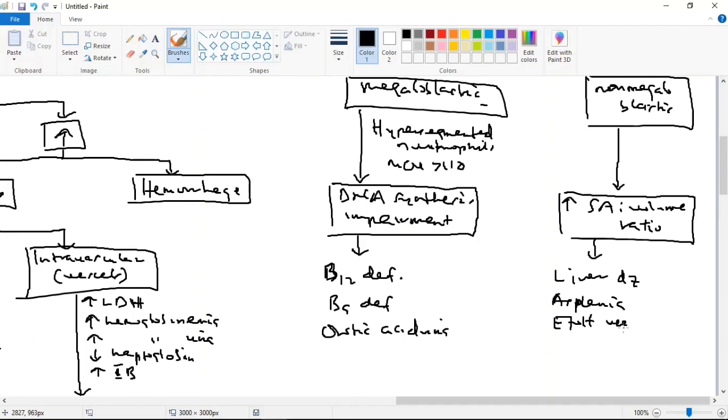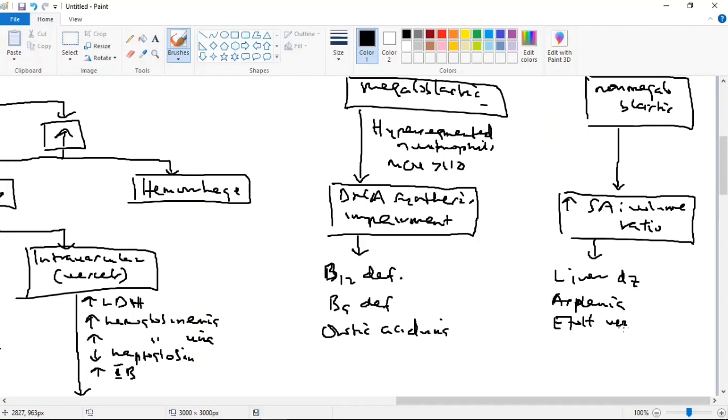Another thing that separates B12 from B9, besides the source of food and how complex the absorption is, is that B12 deficiency will cause neurologic manifestations because we need B12 for myelination of neurons to form myelin.